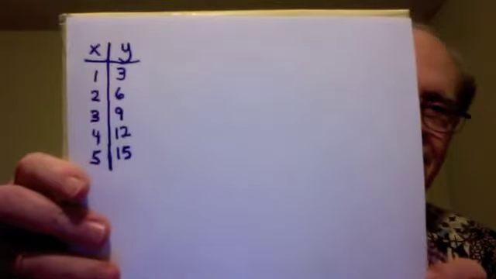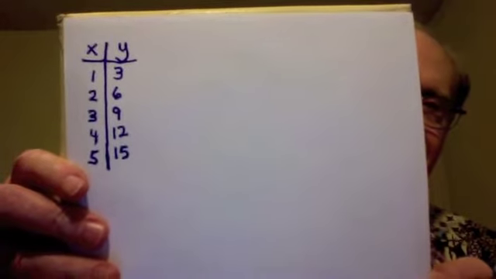I want to go back to XY tables. We want an equation that describes this pattern, y equals something, which will tell us what we do to each x to get the y. So it's a multiplicative table.